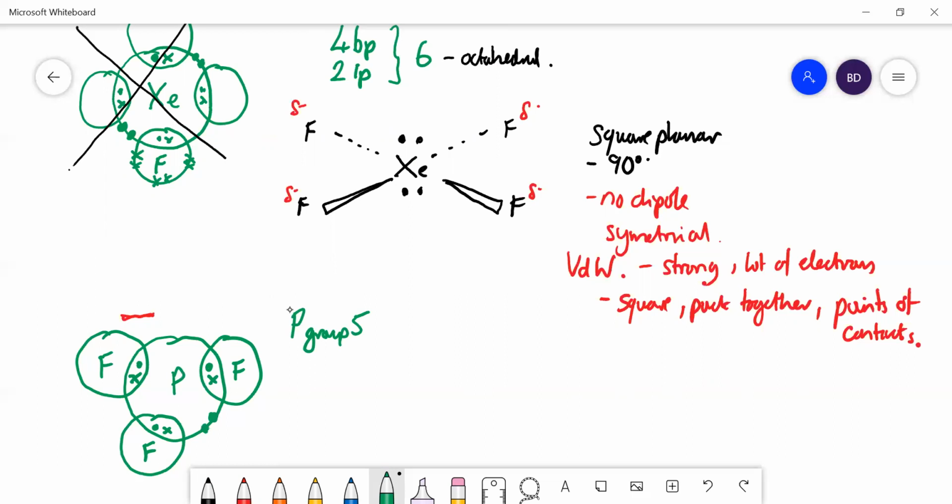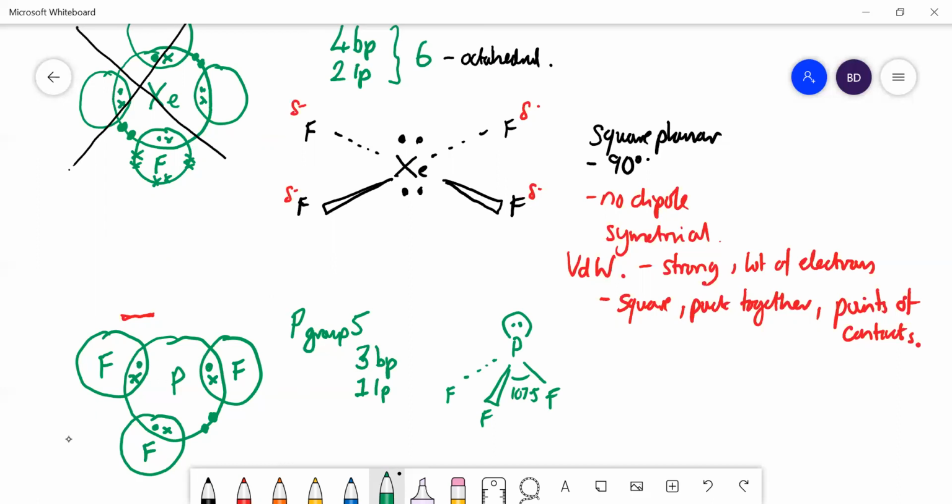So what we're talking about here, we've got 3 bond pairs and 1 lone pair. So the basic shape is tetrahedral. You're going to get trigonal pyramidal though. You're going to have the 3 bonds here, and here's the lone pair. And the bond angle is the same as ammonia. It's slightly less than the tetrahedral. It's got 107.5 rather than 109.5 because you get more repulsion from the lone pair.